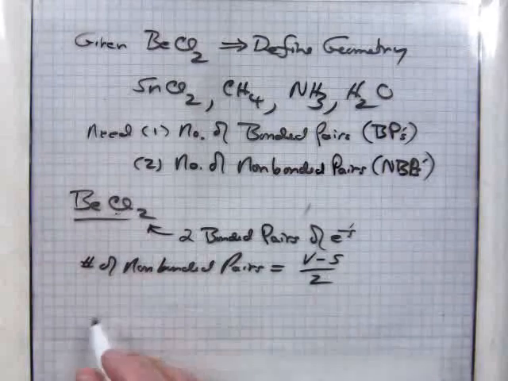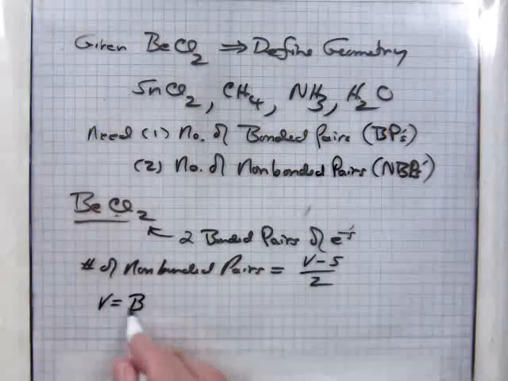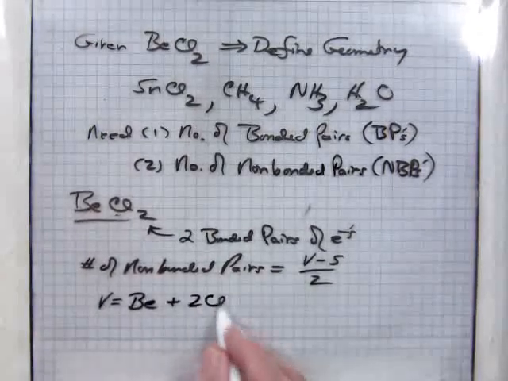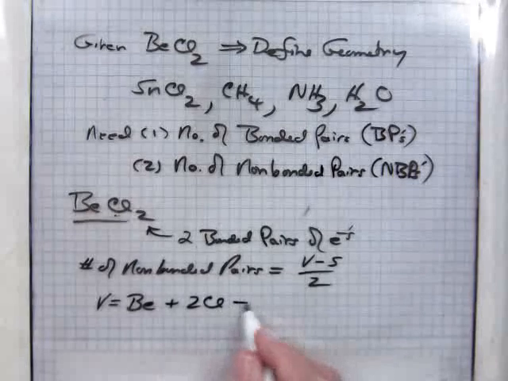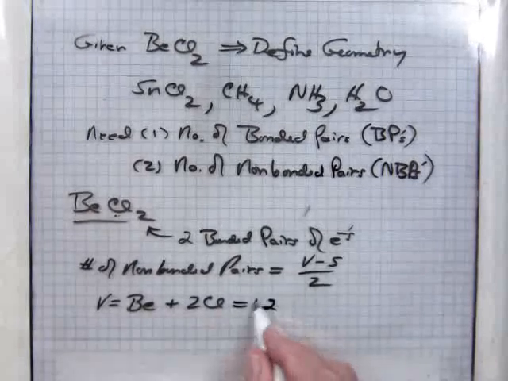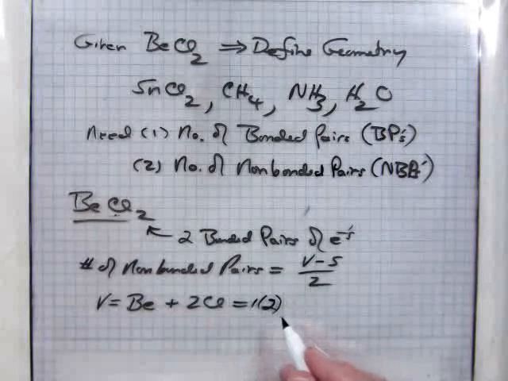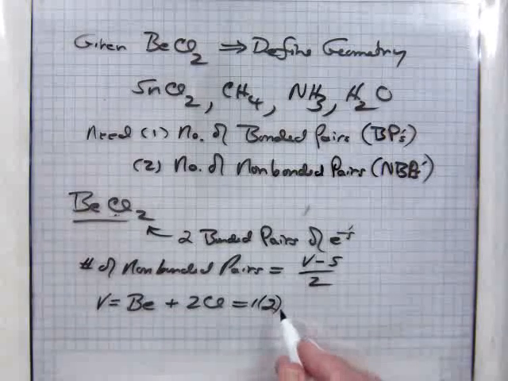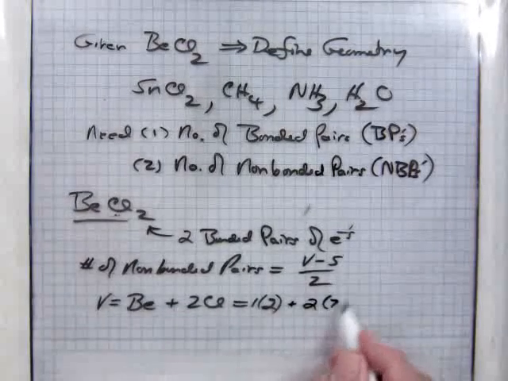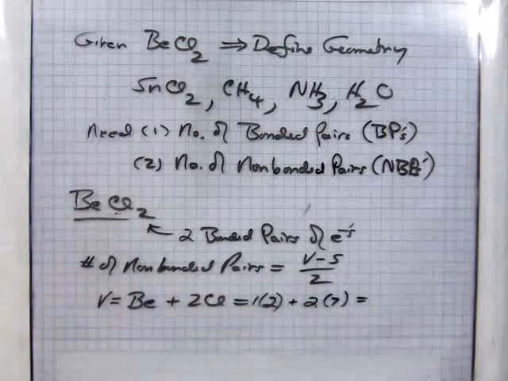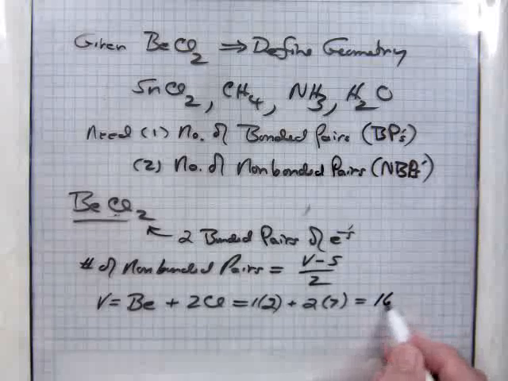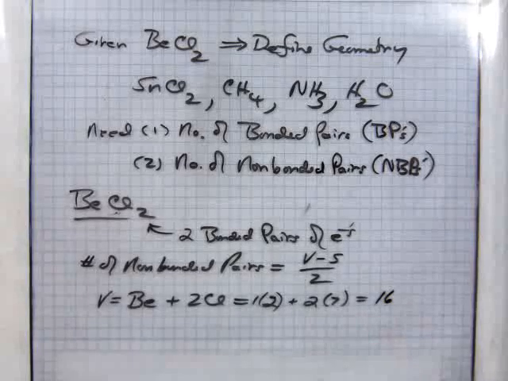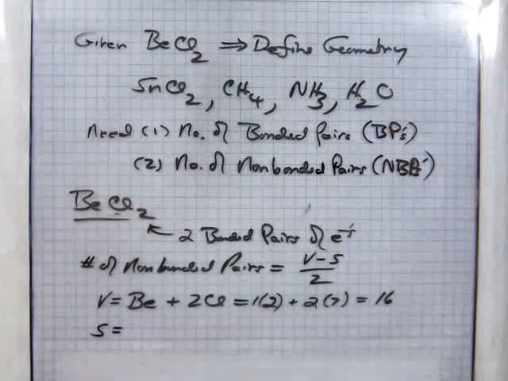So the valence number is beryllium plus 2 chlorides, and that's a 1 times 2 because it's in group 2 on the periodic chart, plus 2 times 7 because chlorine's in group 7 on the periodic chart. That's 16 is the valence number. It actually is 16 valence electrons, as you know. The substrate number is only the attachments.